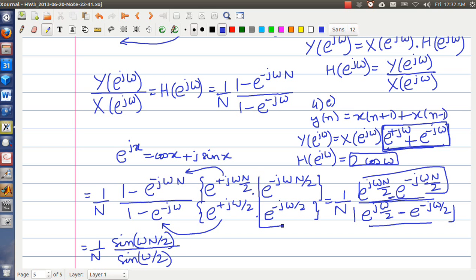So we have not yet accounted for this portion. We only used this up here, so this needs to be here and here. So this ends up being e to the j omega n plus 1 over 2, e to the negative j omega n plus 1 over 2.